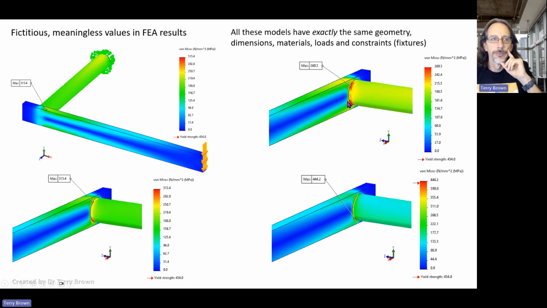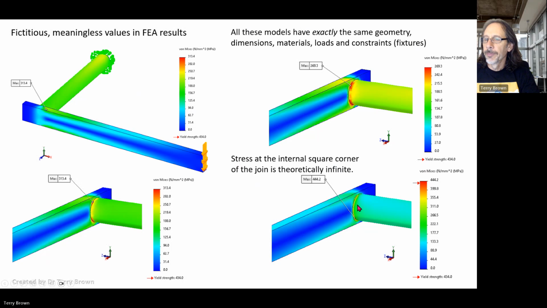You can't use them, right? Because you can get almost any number you want, depending on how many elements you choose. And the reason for that in this case is that we have an internal square corner here, and theoretically, the stress at an internal square corner is infinite.